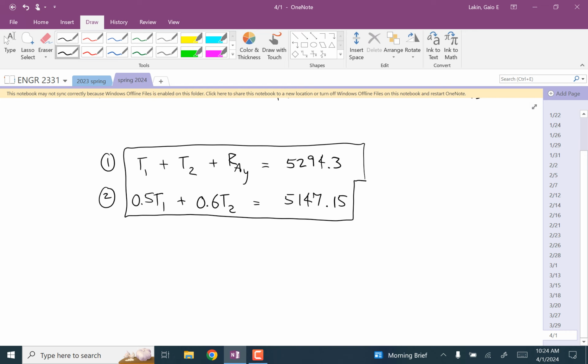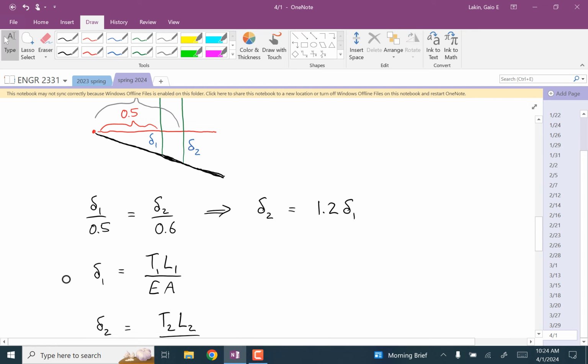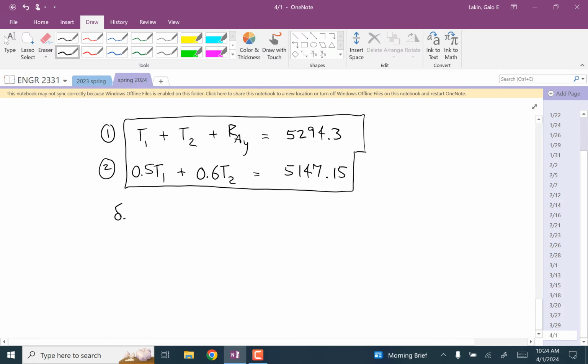But now for the elongations, we know that, so this was geometry. So we know that delta 2 still has to equal 1.2 delta 1. Okay, that doesn't have anything to do with the materials.